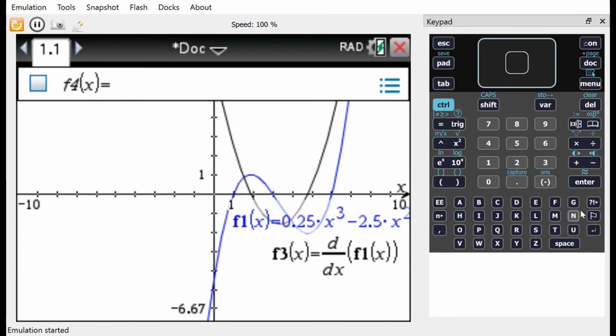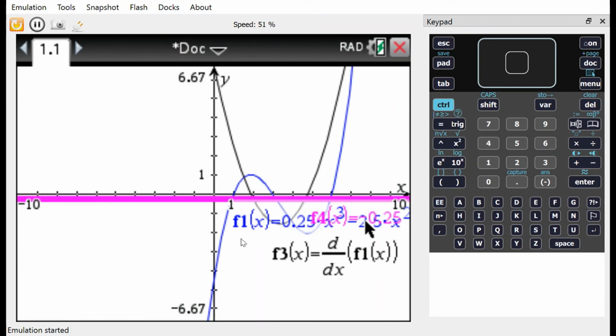Well, in order to do that, I need to enter a negative 0.25 into my calculator, and we can see this purple line shows us two intersections. This first intersection happens at x equals 2. Okay, we can see that approximation there. We want the other location where it's negative 0.25. Okay, so that'll happen at this other intersection point of the derivative.